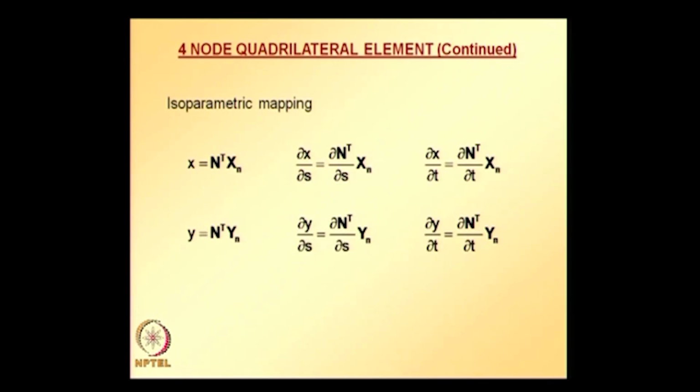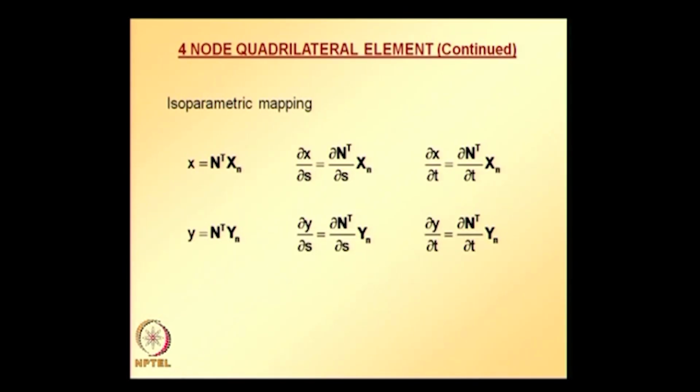Similarly, y is equal to N transpose yn, where N transpose is the vector of shape functions and yn is the vector of y coordinates of all the nodes y1, y2, y3, y4. Once we have that relation, we can easily take derivatives of y with respect to s and t.